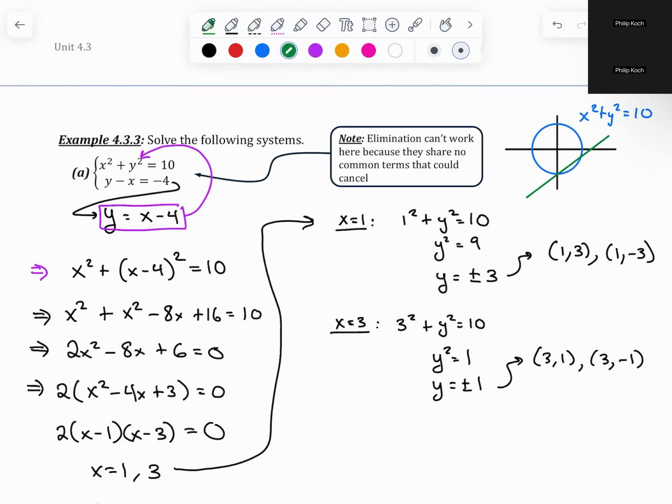Something along those lines. Oh, well, actually, let me get it a little more accurate. Like that. And that is y minus x equals negative 4. And so looking at that, we should only have two solutions.